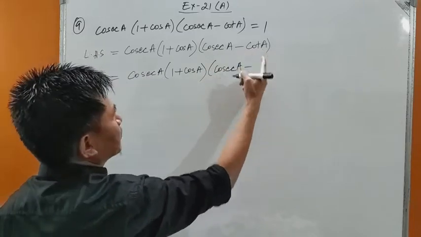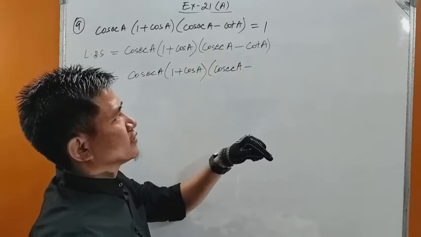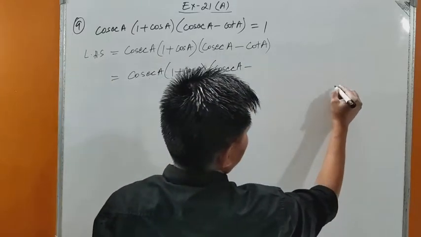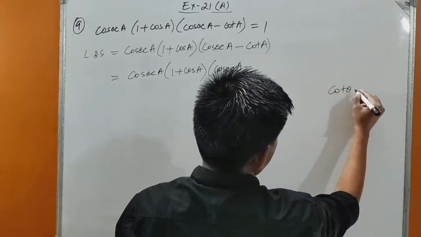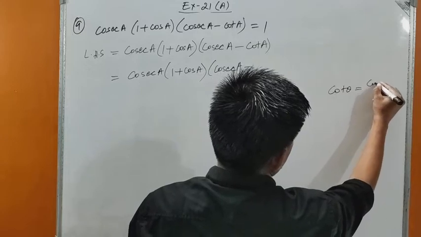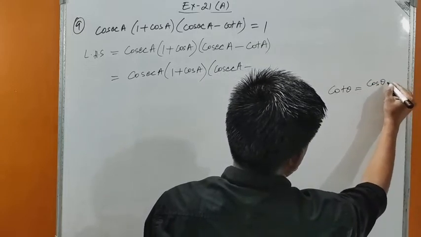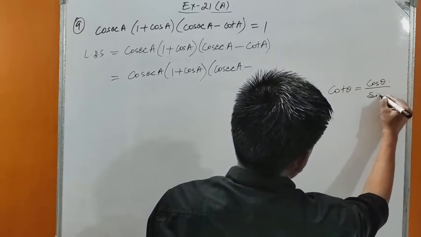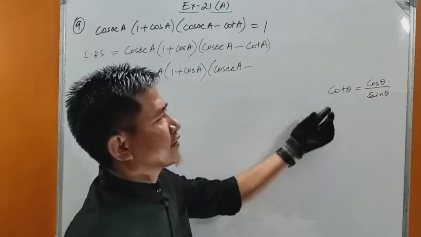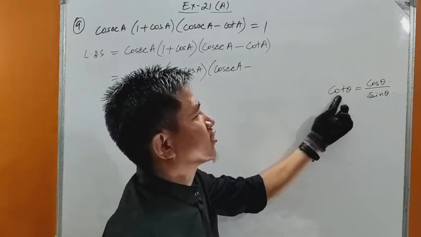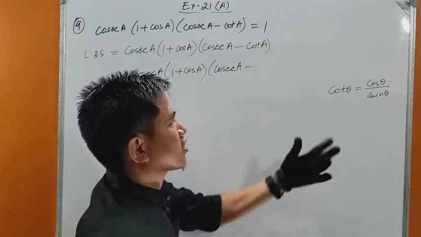minus this cot A, which can be written as cos A upon sin A, isn't it? Since cot theta equals cos theta upon sin theta. Tan theta equals sin theta upon cos theta, and cot theta equals cos theta upon sin theta, just the opposite.